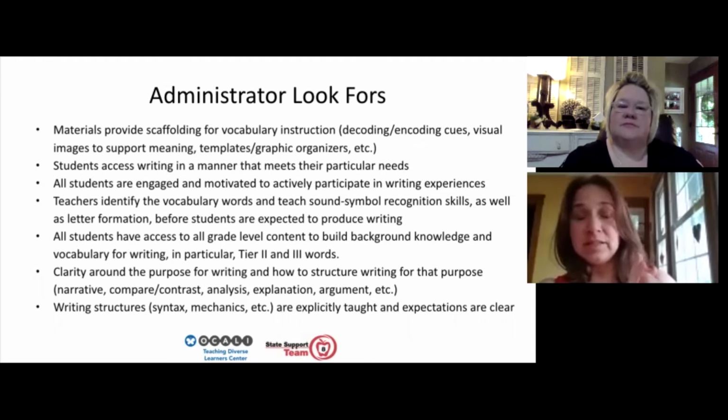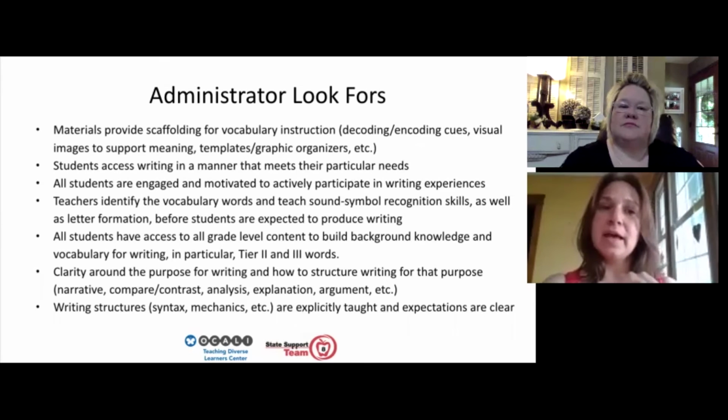So that gets us into the second one, students access writing in a manner that meets their particular needs.